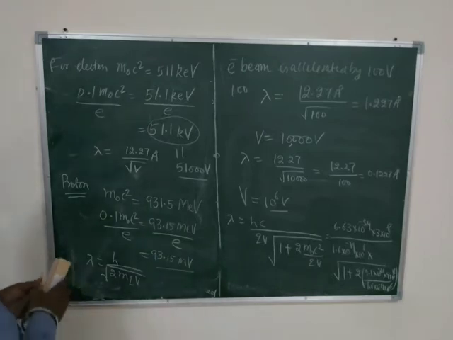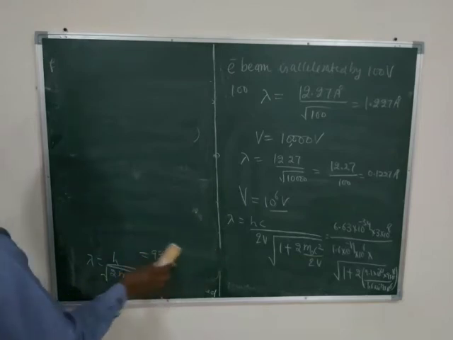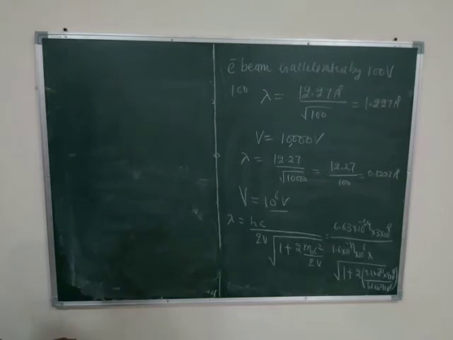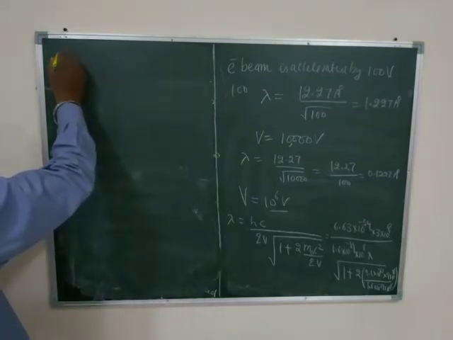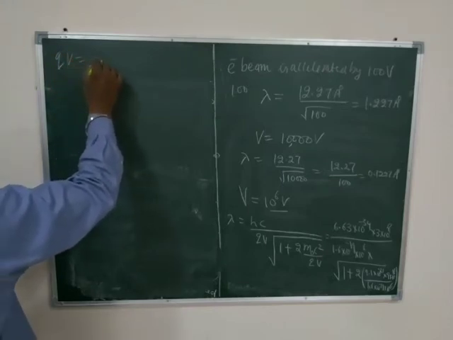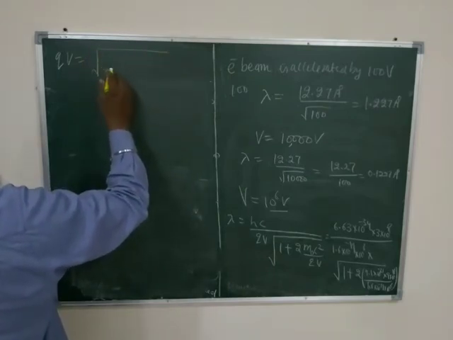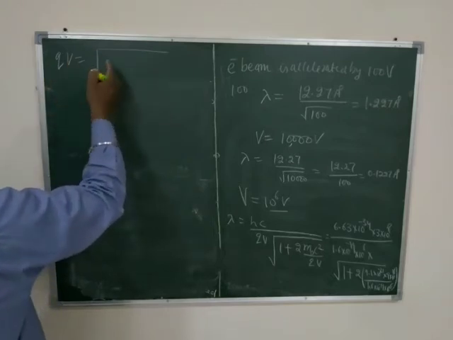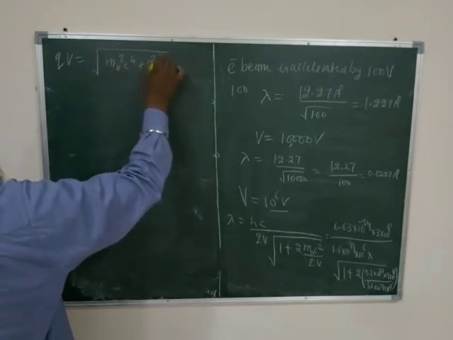Now if you want to just verify whether this is a relativistic case or a non-relativistic case, you can just find the speed of the object when it is accelerated by a voltage of 10,000 volt using this formula. qv is equal to square root of m naught square c4 plus p square c square.